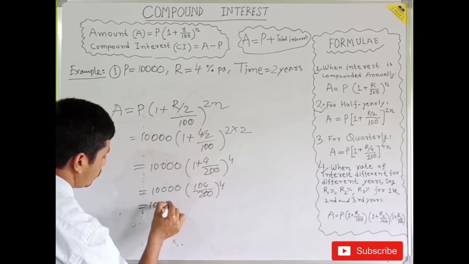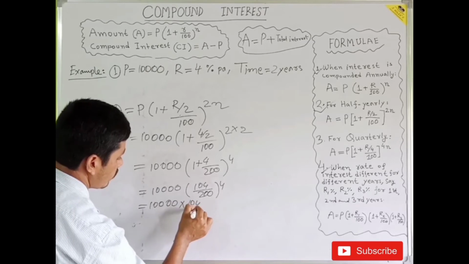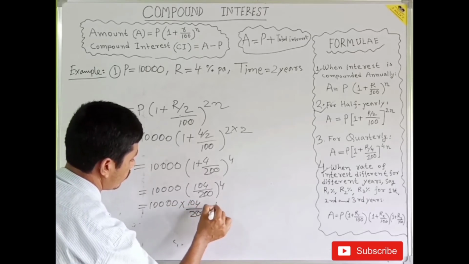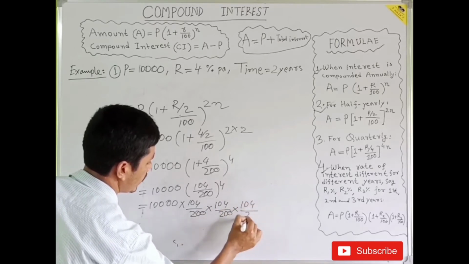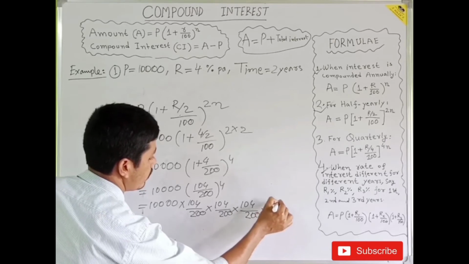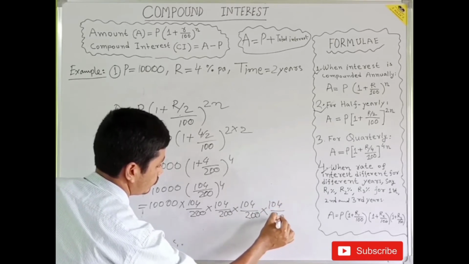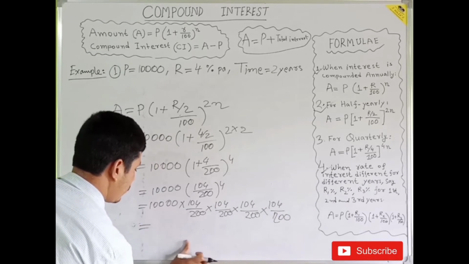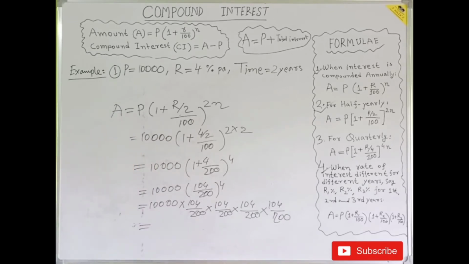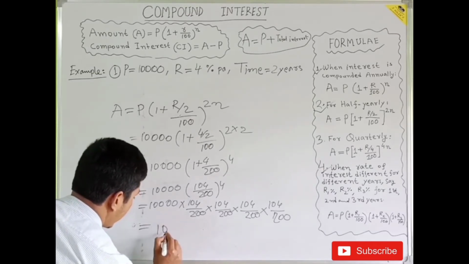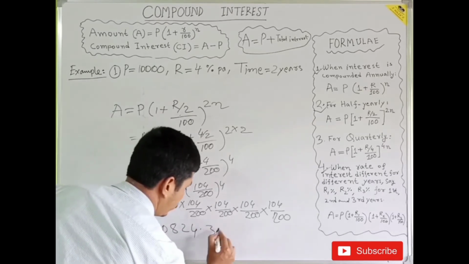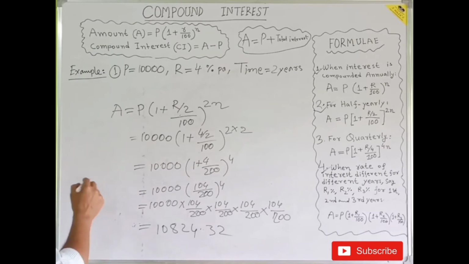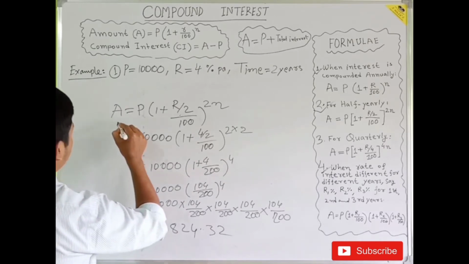Now 10,000 into 104 by 200 into 104 by 200 into 104 by 200 into 104 by 200. When we calculate this amount, we get 10,824.32.